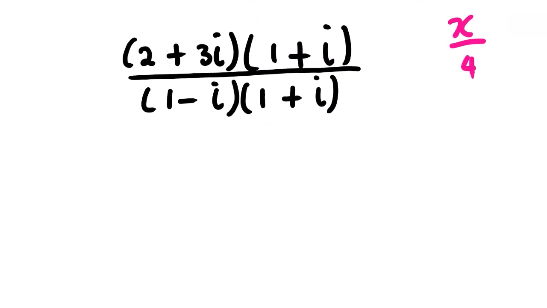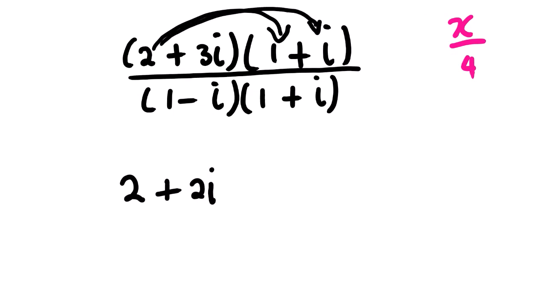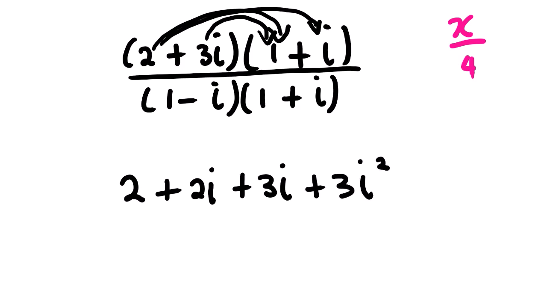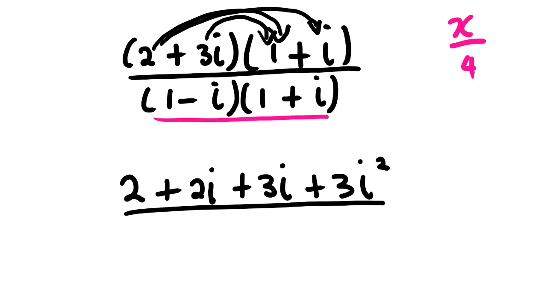From here we can distribute. 2 multiplied by 1, we have 2, 2 multiplied by i, we have positive 2i, 3i multiplied by 1, we have positive 3i, and then 3i multiplied by i is equal to 3i squared, all over. We know that when we distribute here, this is actually a difference of two squares, so we can just say it's 1 squared minus i squared.